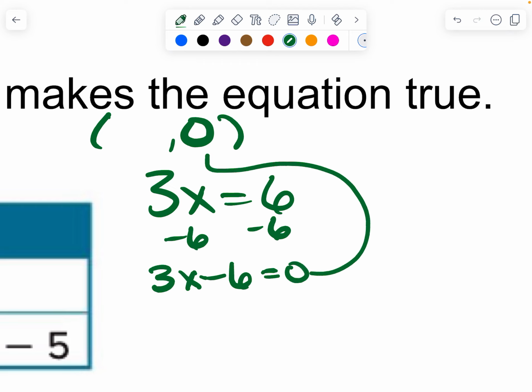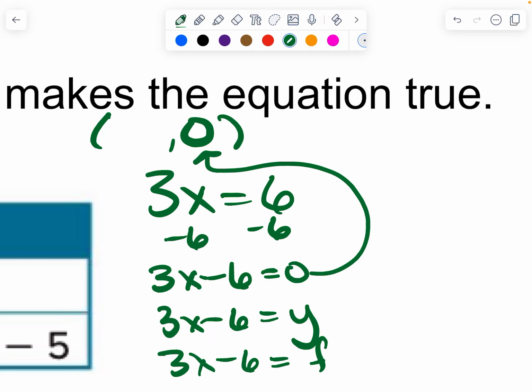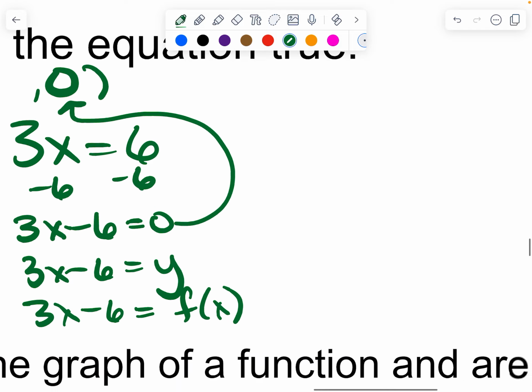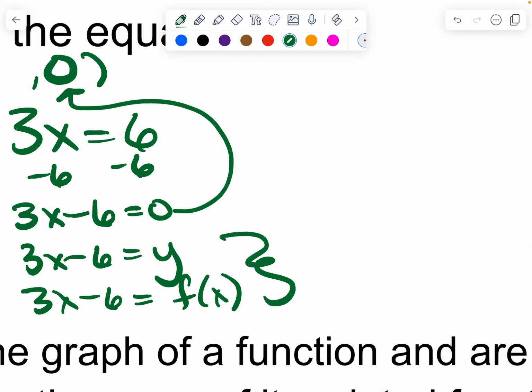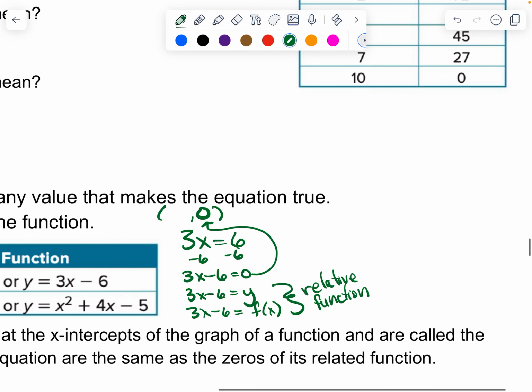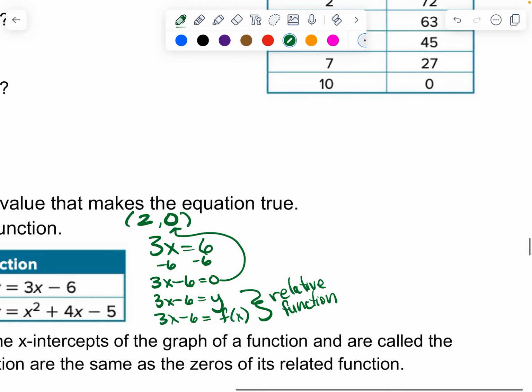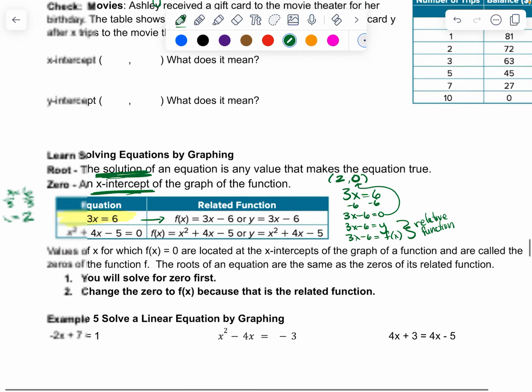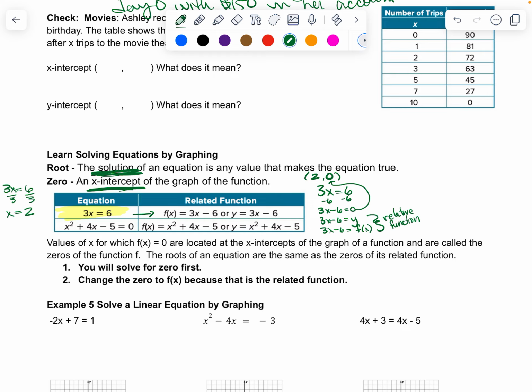Well, didn't we just say the y value is 0? So what I can do is replace this like this. This is not the solution to this. This is the related function. The solution is actually the point 2, 0, because it's the x-intercept. I keep saying x-axis.